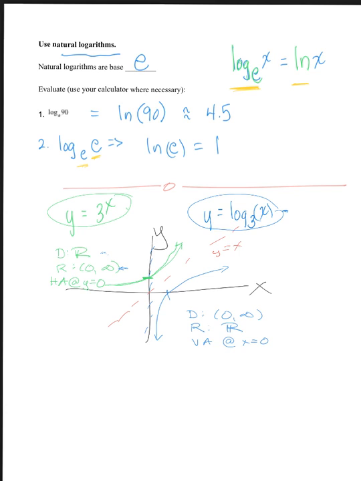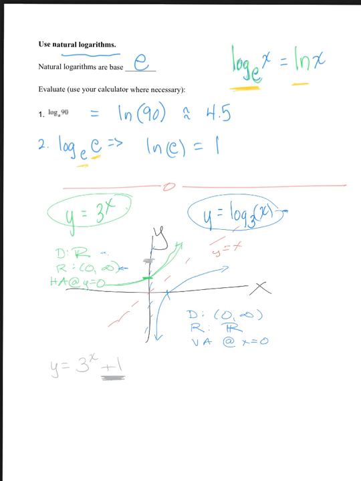Now, what happens if I apply a transformation? If I look at the transformation in the exponential equation, so let's say I do y equals 3 to the x plus 1, how does this positive 1 change the parent exponential function? Hopefully you recognize that that is a vertical shift up 1.